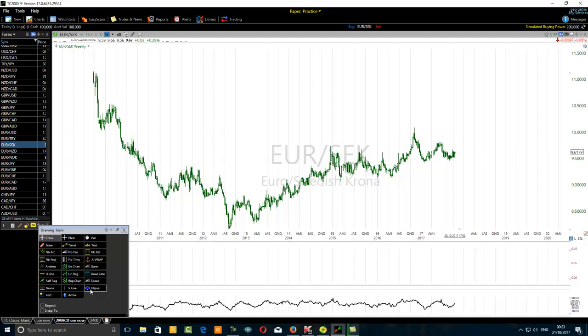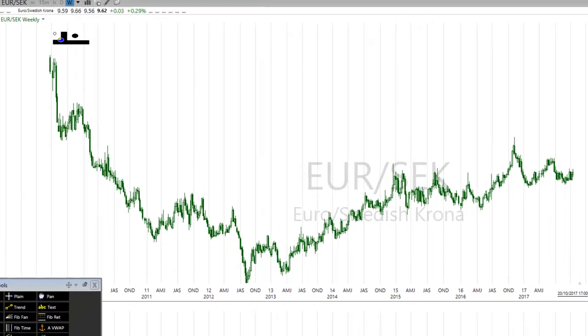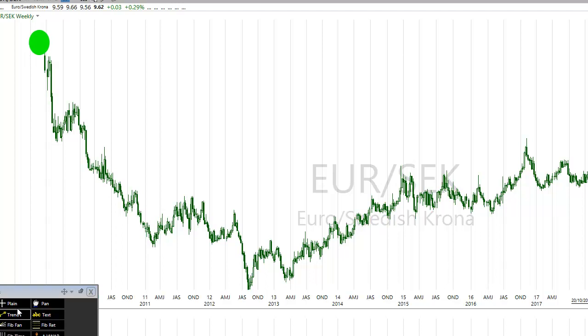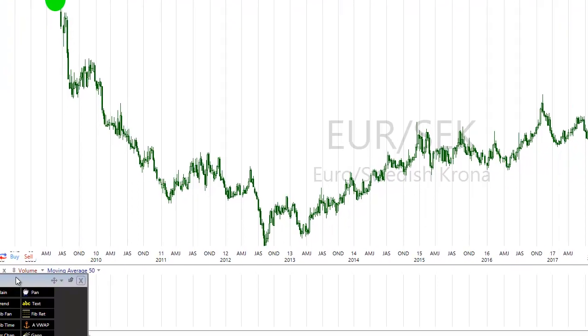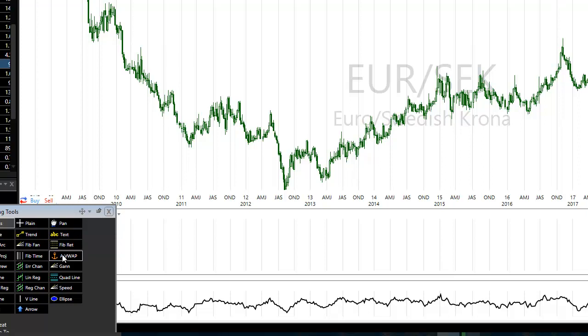One thing you need to understand is that if a financial instrument goes down for some time, you can see here, almost 3 years it was going down, and it finally reached this bottom here. So price was going down. That's the first reaction. Now it starts going up. Where is it going?